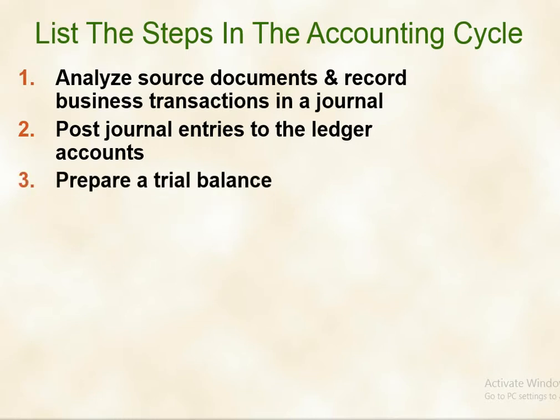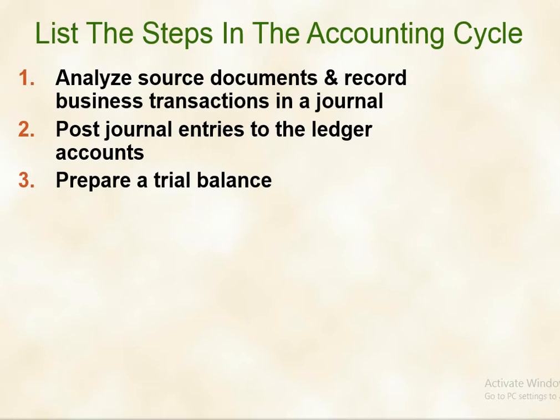Third, preparation of the trial balance. The trial balance is another statement. In the accounting cycle, these three steps are very important, because in these three steps the business transactions are recorded in a very summarized form. So the preparation of the trial balance is the summarization phase.